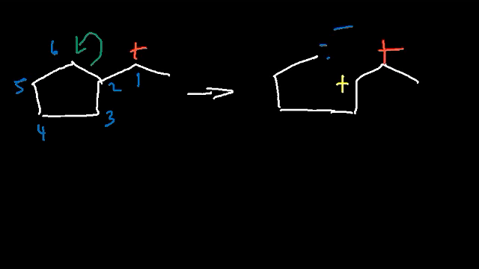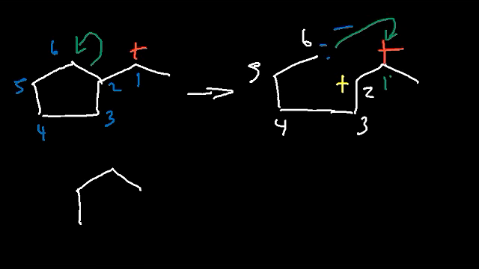Now, if the carbanion connects with the yellow carbocation, we're going to get the 5-membered ring. But if it connects with the red carbocation, we're going to get a 6-carbon ring. So as you can see, carbon 2 is going to have the plus charge since it lost the bond.